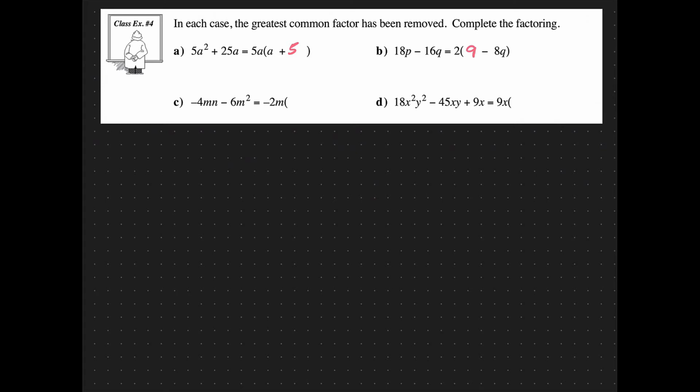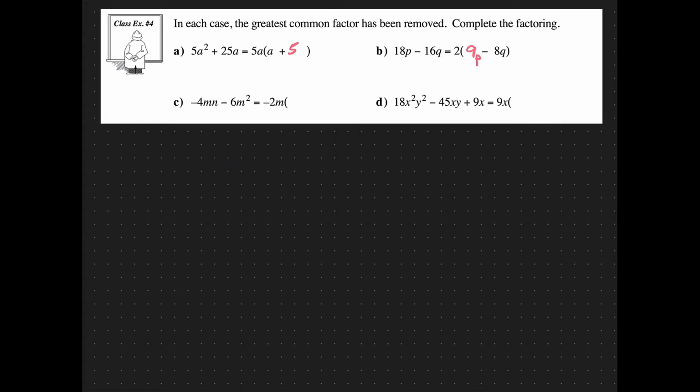Now, we didn't pull out any variables, so that p that was in there would still stay in there. And if we just verify and check the second one, 16 divided by 2 is going to give us the 8, and the q is not pulled out, so it remains right there. And don't forget, the negative stays where it was. We didn't pull out anything negative.